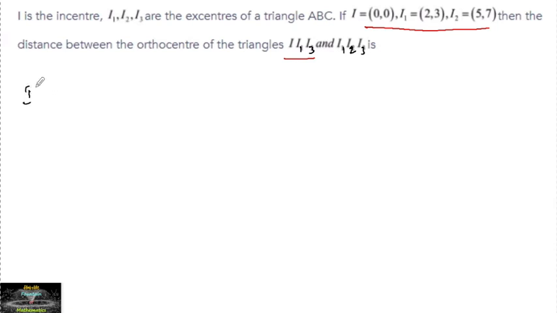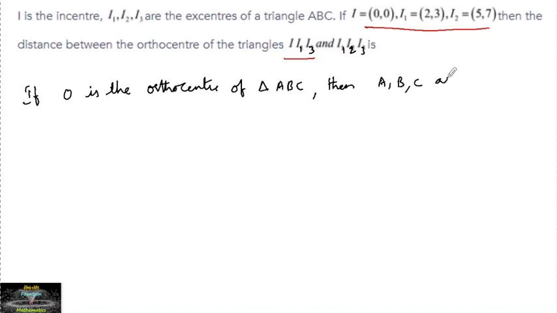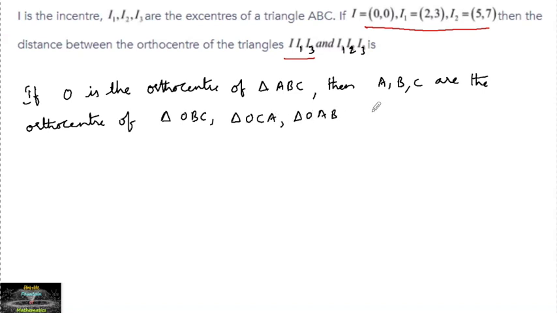First point: if O is the orthocenter of triangle ABC, then A, B, C are the orthocenters of triangle OBC, triangle OCA and triangle OAB respectively. This is one point you need to remember.